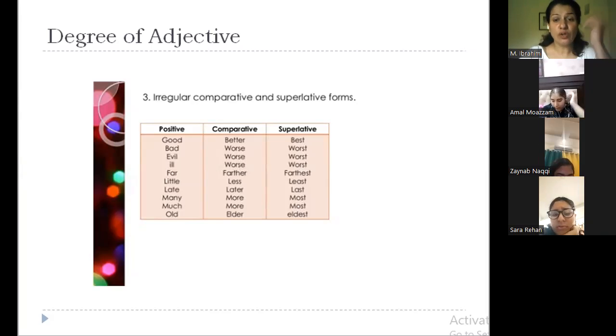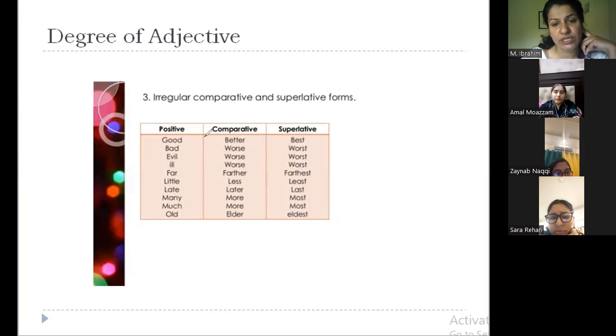For example, good changes into better in the comparative degree and best in the superlative. Bad changes into worse and worst. Evil, worse, worst. Ill, worse, worst. Far, farther, farthest. Little, less, least. Late, later, last. Many, more, most. Much, more, most. Old, elder, eldest.